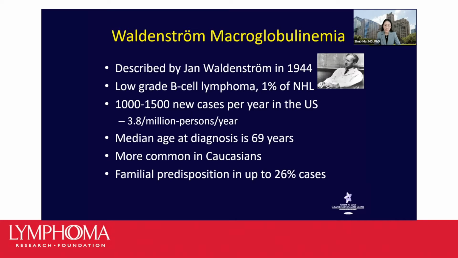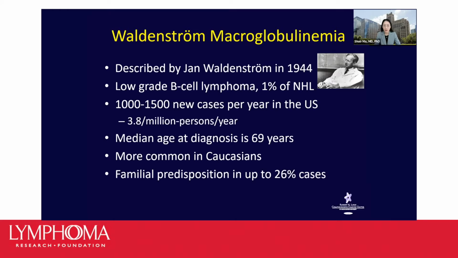As I mentioned, this is a rare form of low-grade or indolent B-cell lymphoma, only accounting for 1% of all non-Hodgkin's lymphomas. There are about 1,000 to 1,500 new cases diagnosed each year in the United States alone. The median age of Waldenström macroglobulinemia is 69, so most of our patients are in their 60s, 70s, or 80s, although we do occasionally have younger patients.